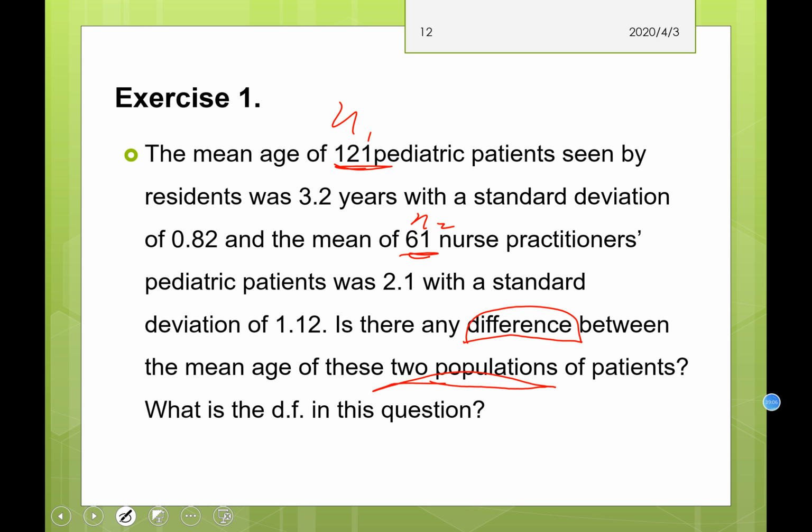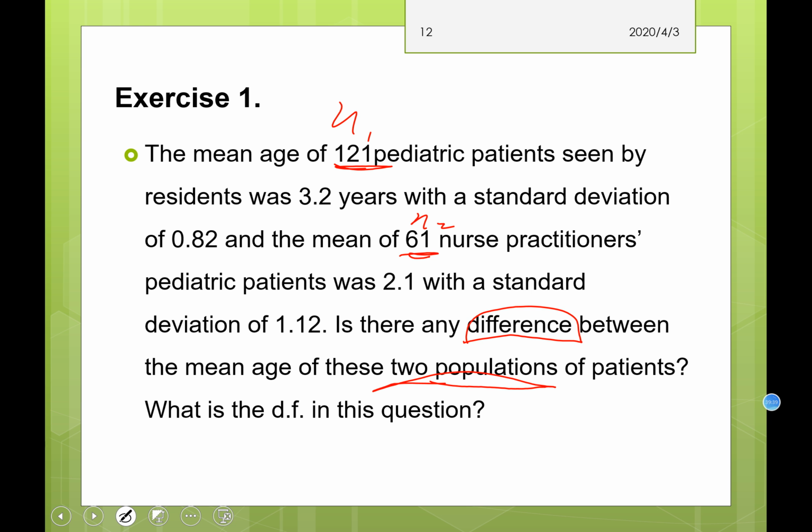I can say, are the two samples matched or not? No, they are not matched, because we find that there are no keywords in the question, right? There is no before and after. There is no matched or paired.